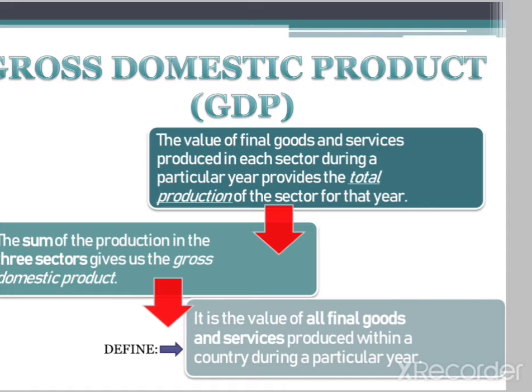And the sum of the production in all the three sectors is going to give us the gross domestic product of our country. We need to add the value of all the final goods in each sector. That will give me my total production. And when we sum the production in all the three sectors, we get the gross domestic product.